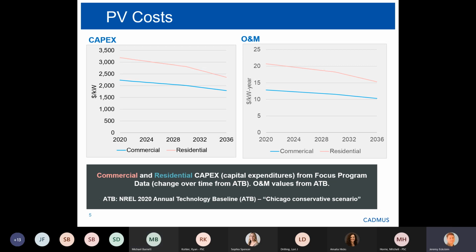Sorry, go ahead. I could rephrase that. Let's say the model will look at a roof area and determine, based on the utility tariffs in this area, the payback for X size system is this, and then it would decide whether or not it'd be feasible to put a system there, or how does that work?